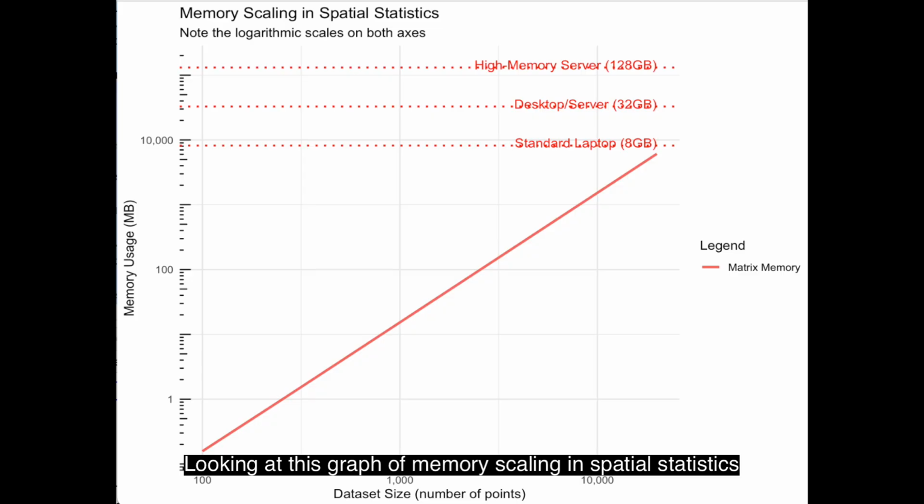Looking at this graph of memory scaling in spatial statistics, with just 1,000 spatial points, we need about 10 megabytes of memory. At 10,000 points, we are approaching 1,000 megabytes. The red lines show the common memory limits.